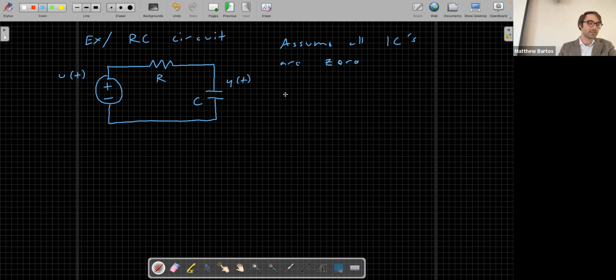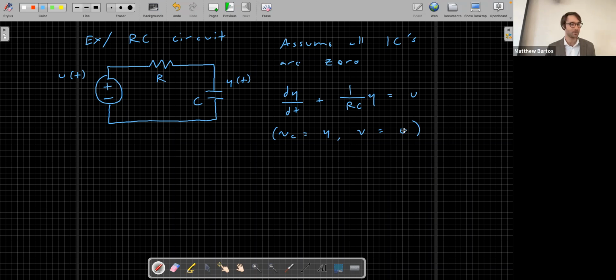So we know the dynamical system for this RC circuit is given by dy/dt plus 1 over RC times y is equal to u. In this case I'm just using new variables here: y is the voltage across the capacitor, and the voltage input V is equal to u. I'm just using these variables to put it in terms of the standard input and output notation.